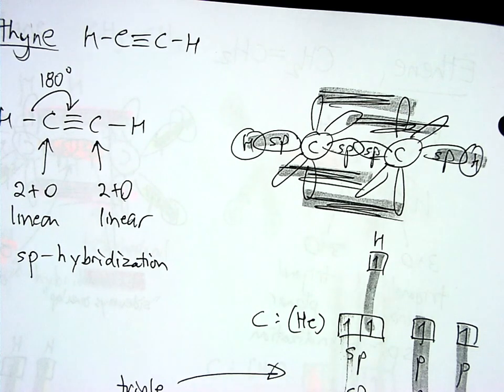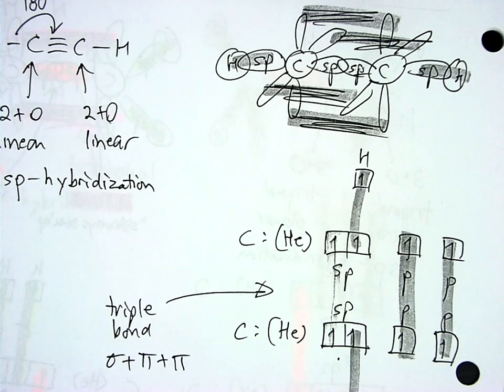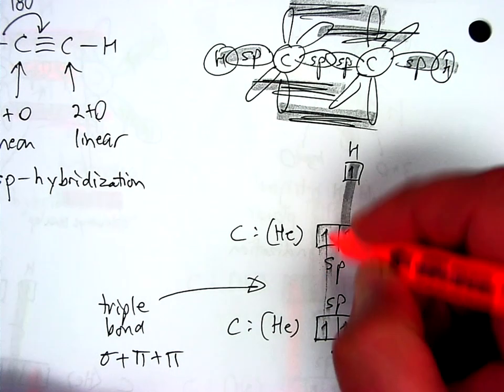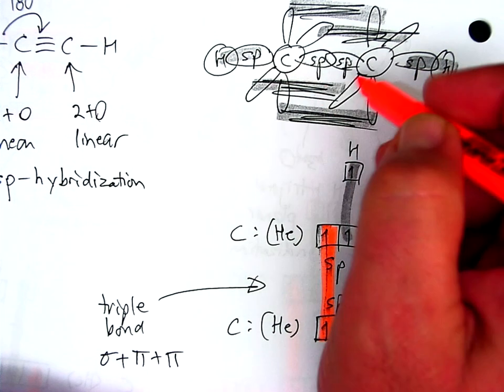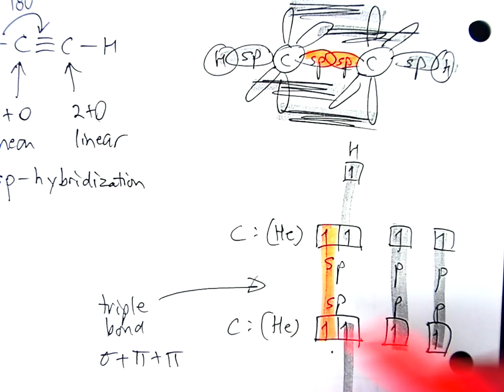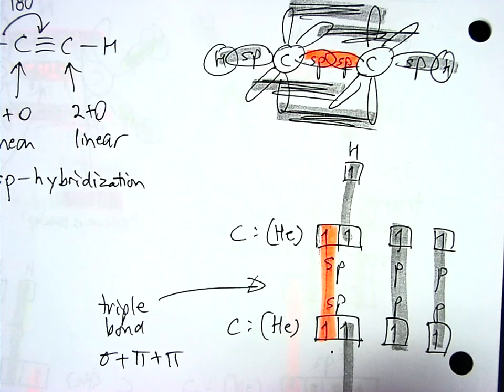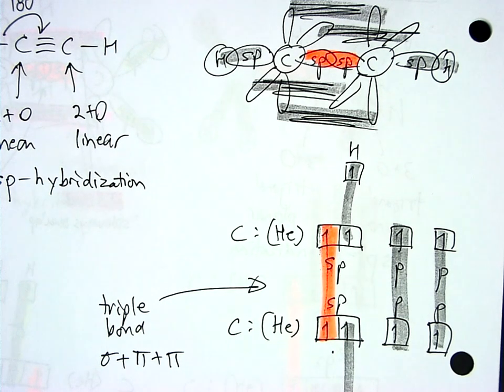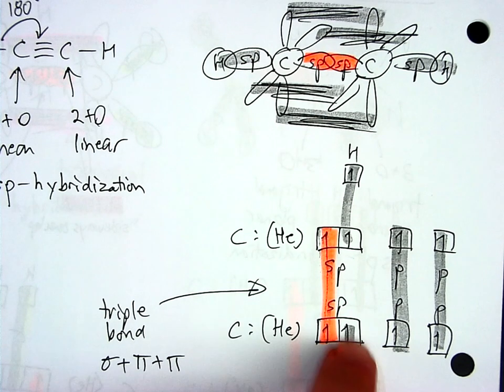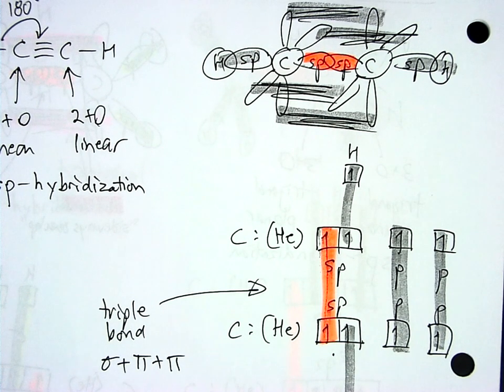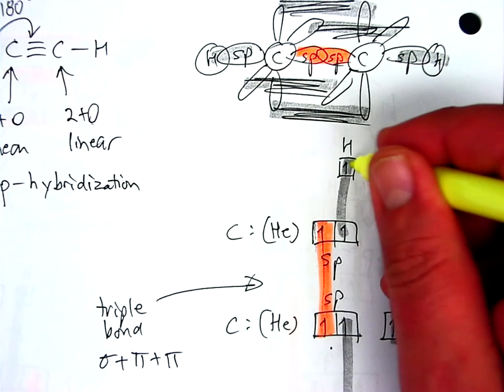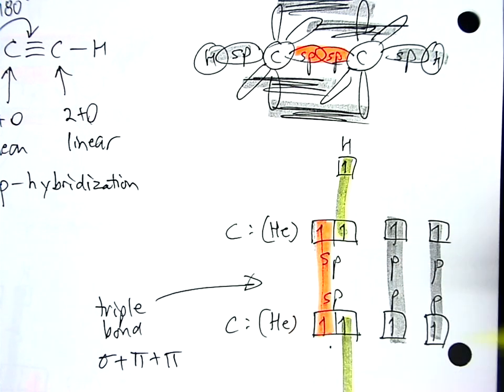Well, sp hybrids will overlap with each other between the carbons. Okay, that's direct overlap. That's my sigma bond here. The other sp hybrid on each carbon is going to attach to a hydrogen through sigma bonds.